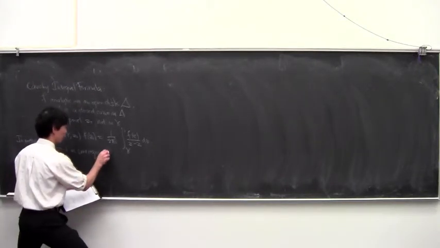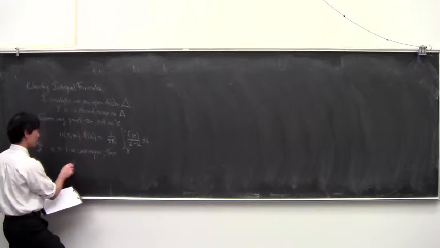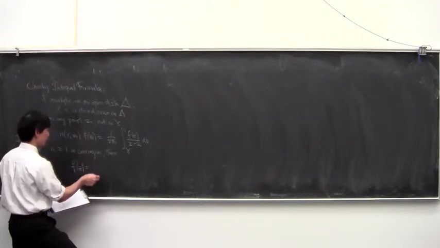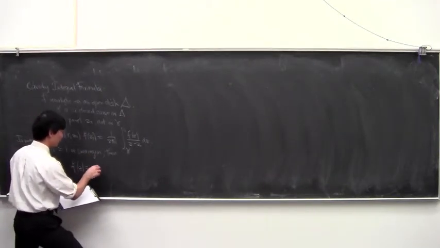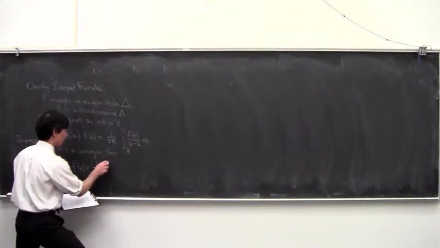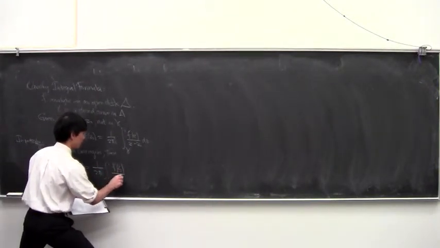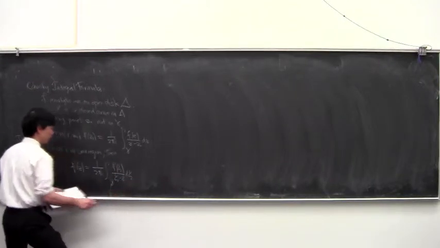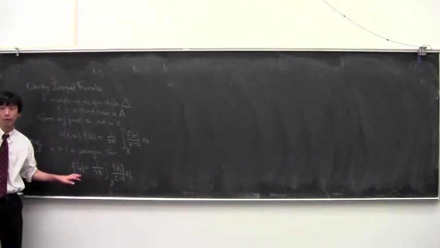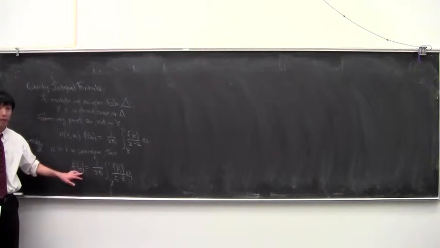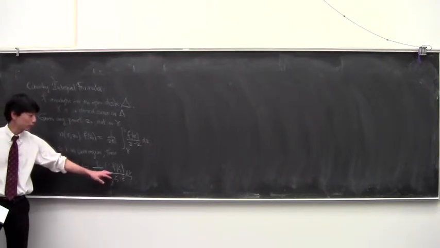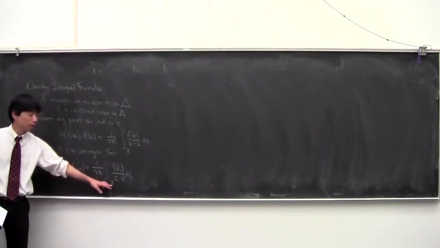Then we can express f of z for all z in that region as an integral of f of zeta over zeta minus z. So you have an integral that expresses the values of your function in terms of the values on the loop.